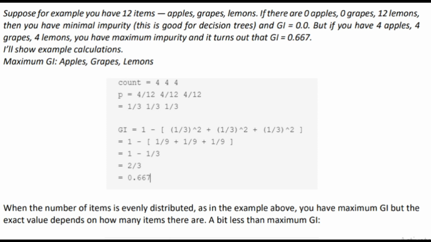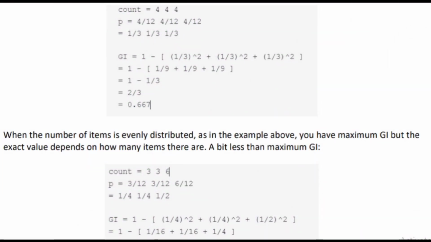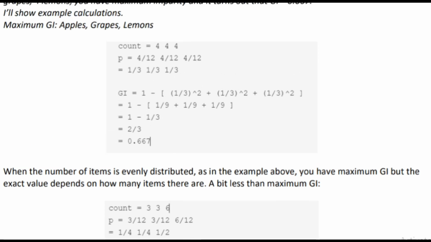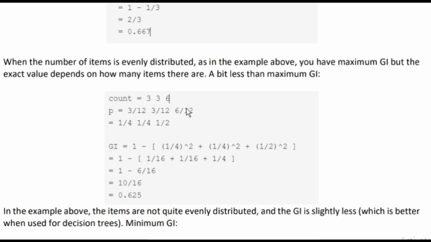When the number of items is evenly distributed, as in the example above, you have maximum GI, but the exact value depends on how many items there are. Let's take another example where count is equal to 3, 3, 6. So probability is 3 by 12, 3 by 12, 6 by 12, that is 1 by 4, 1 by 4, 1 by 2.